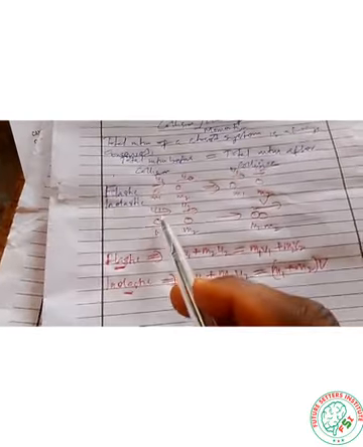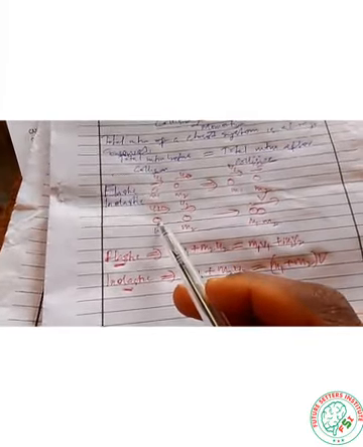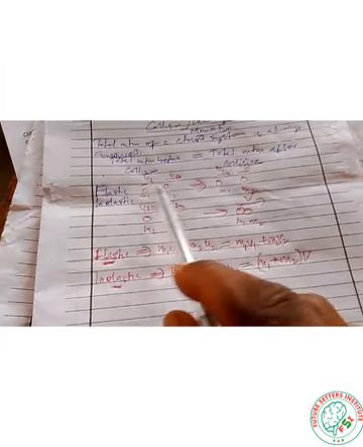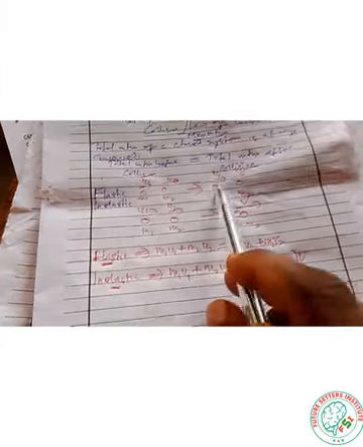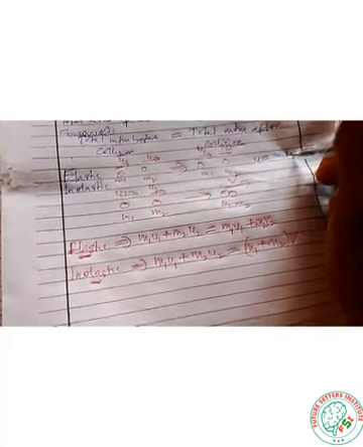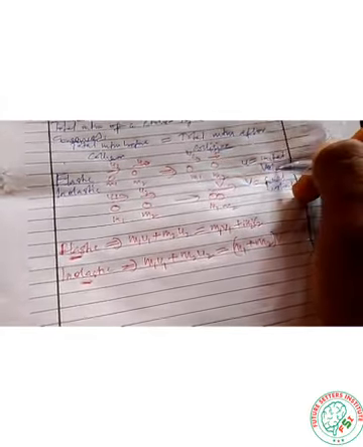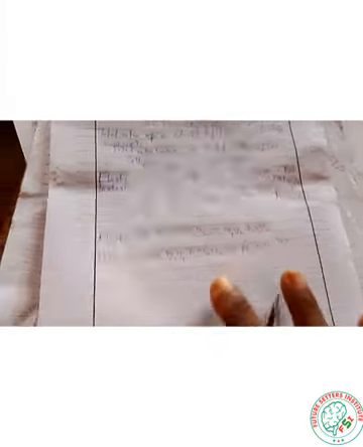In inelastic, they stick together and they possess one velocity. These two have different initial velocity and a different final velocity. So u is initial velocity, v is final velocity. Take note, initial velocity, final velocity.